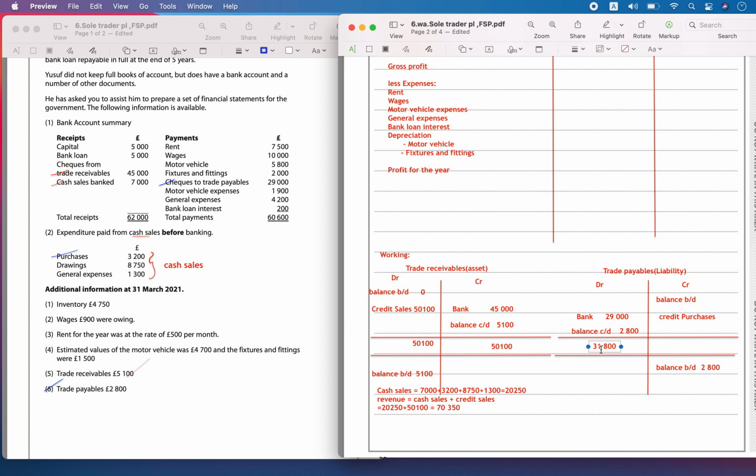So 31,800. Now the total has to be the same on this side. So the credit purchases were around 31,800.